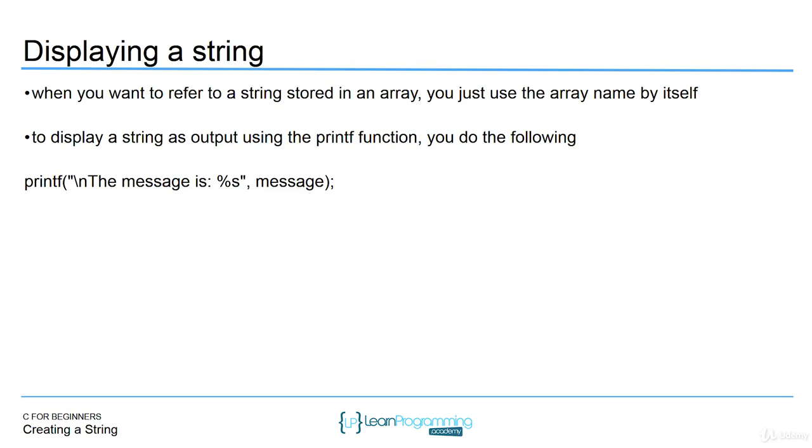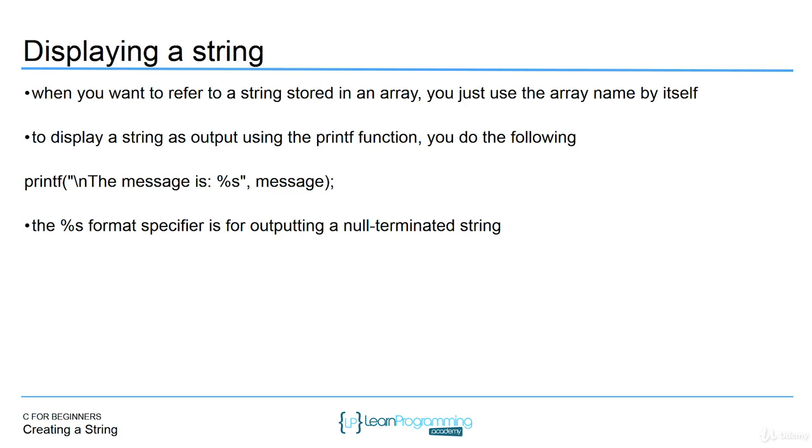So you don't treat it like other arrays when you want to access it: just the name, no actual indices or brackets. And the %s format specifier is for outputting a null terminated string. Remember before we used %d for integers, and you can use %c for characters. For strings, you use %s. And those are character arrays, and it expects a null terminated string.